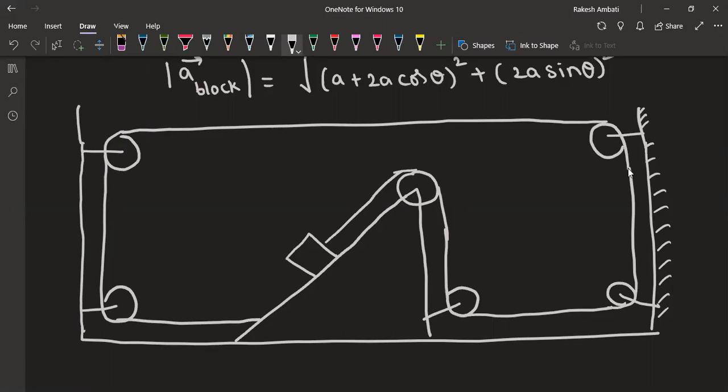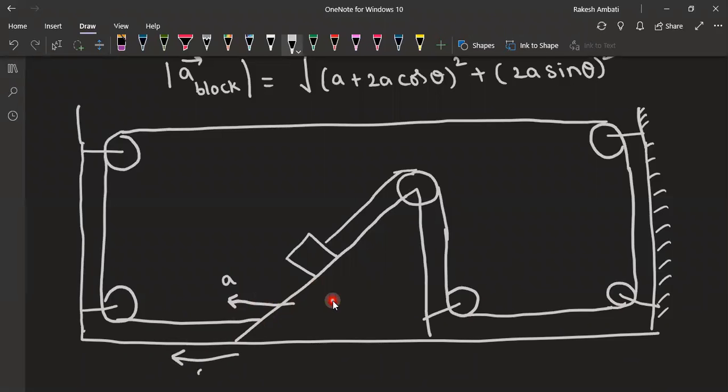So in the question, this wedge is moving leftwards with acceleration a. I'm taking it displaced through distance x.